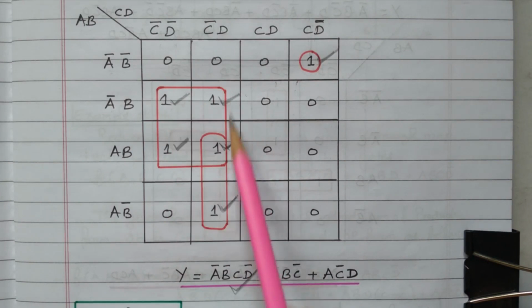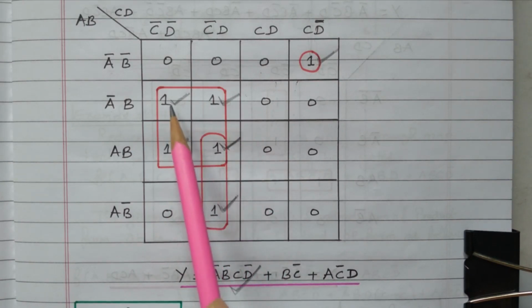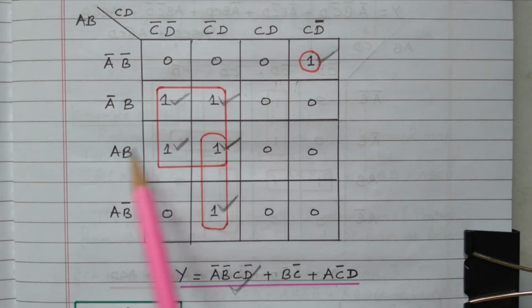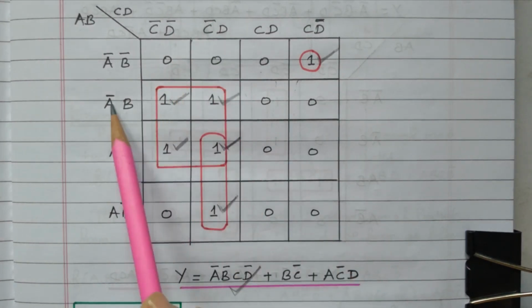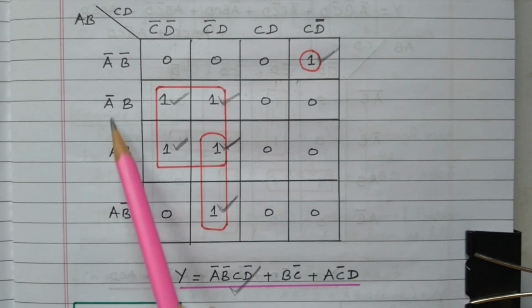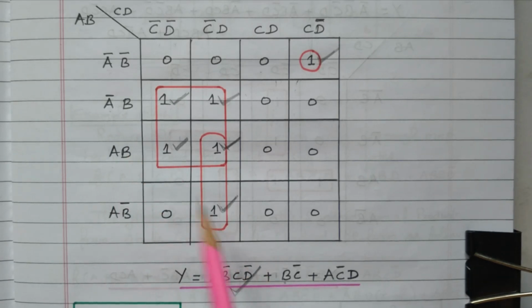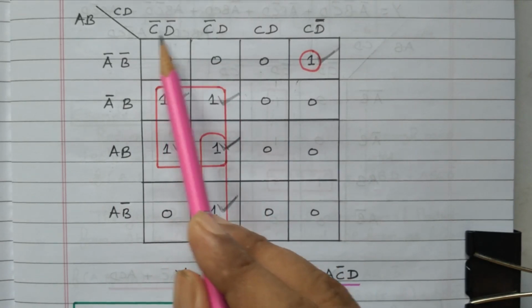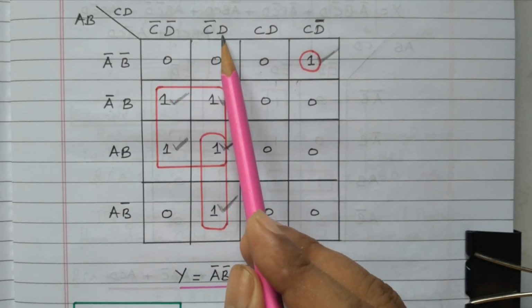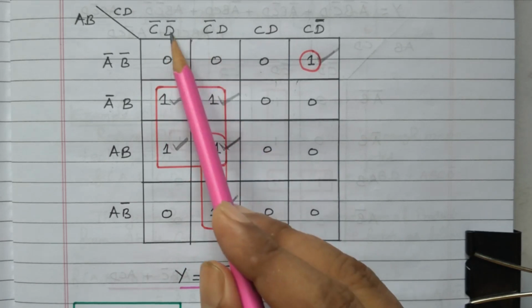There are 4 cells combined. What we need to refer? We have to refer these 2 cells in a horizontal manner, and vertically these 2 cells. So what is available here in this: A bar B, AB. So A bar, A got cancelled. Only we have B. So that B is written here. While referring these 2 cells, what is available here? C bar D bar, C bar D. So this D bar, D got cancelled.